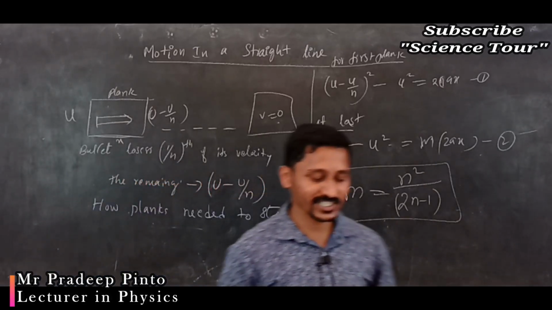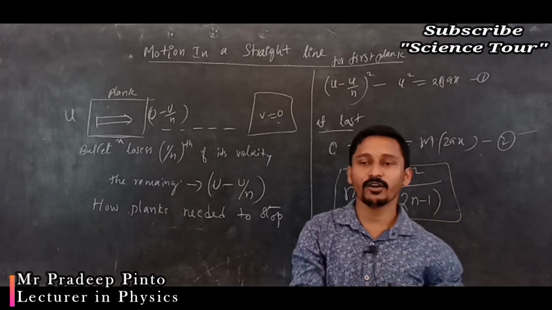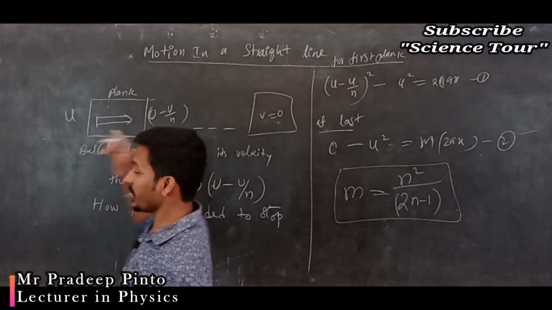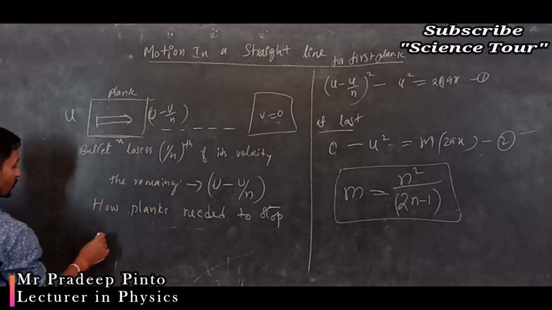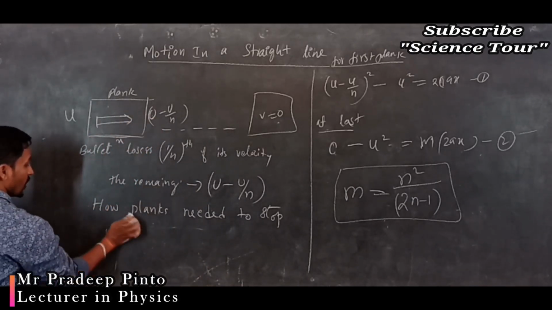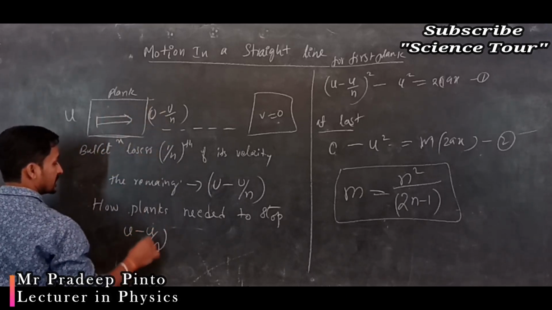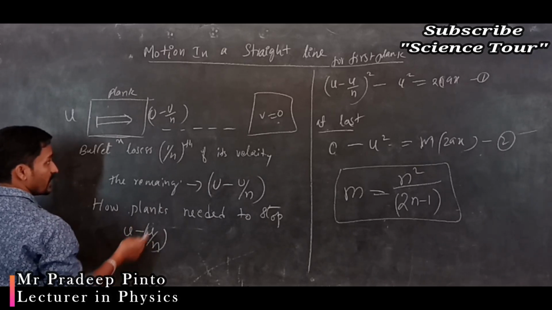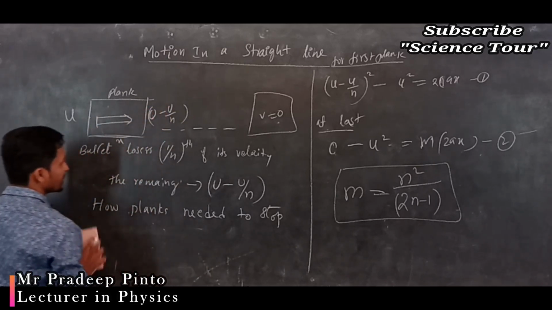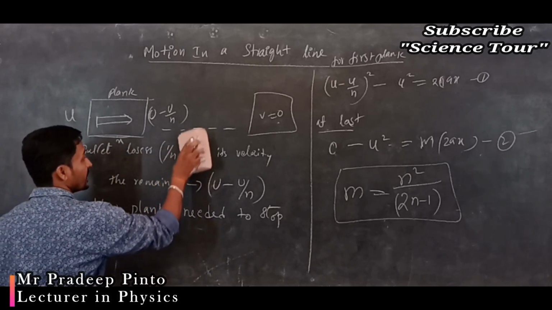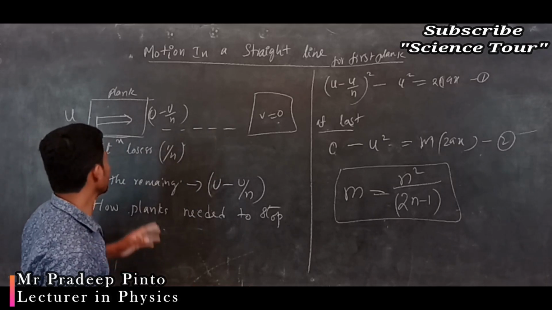Now suppose it is not like that, and the velocity is reduced to 1 by n of its initial velocity. 1 by nth of its initial velocity means the final velocity you get after this plank is the initial minus what is lost, and this much is remaining. Now what they are going to tell is, it is not like this.